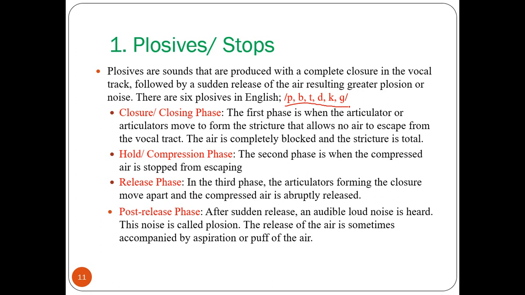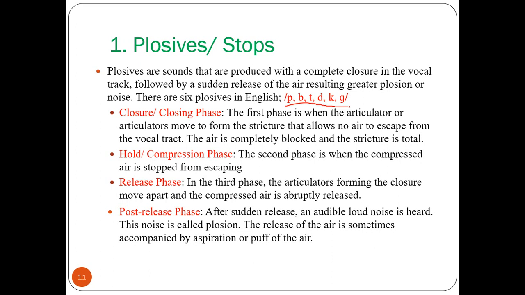And the manner is also the same, because both of these sounds are stops, plosives. But the distinction is that of voice. The first one, p, is voiceless. The second sound in the pair, b, is voiced. And the same is true for t and d and k and g.